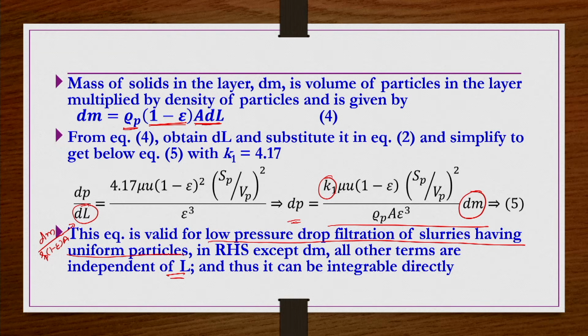When you integrate it, you will get the required equation between pressure drop and the properties of particles, the void fraction of the cake, the surface to volume ratio of particles, etc. In those terms we get an equation for pressure drop, right.